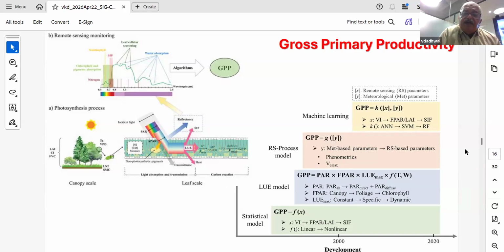Now, the satellite data are very, very useful for estimating GPP through the fraction of absorbed PAR, and for each species there is a separate light use efficiency, which is then degraded by a factor controlled by thermal or water stress. So how the statistical model, to LUE model, to a process model, to a machine learning based data driven model evolved, and what the bands and the process are, is summarized here.